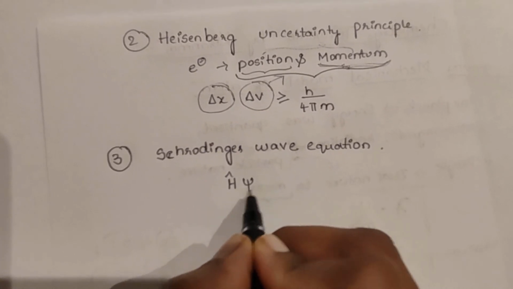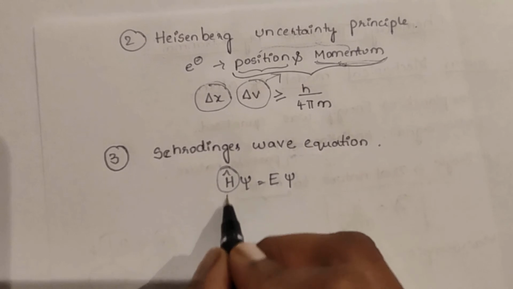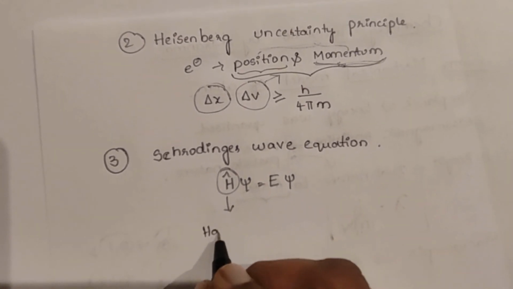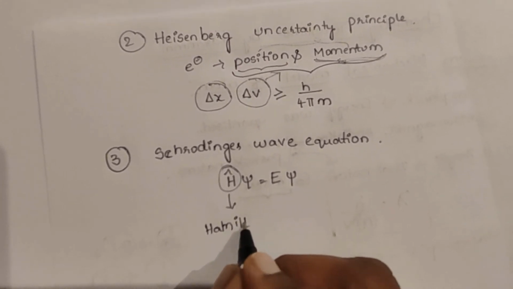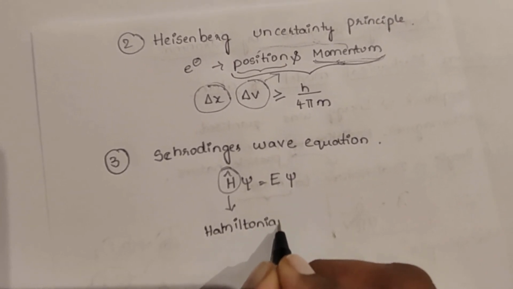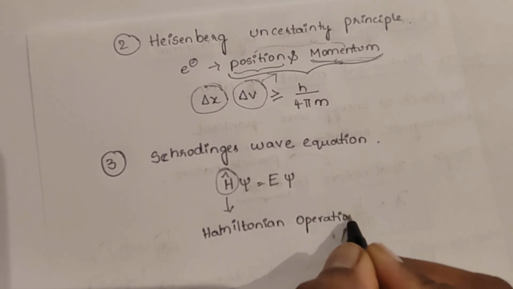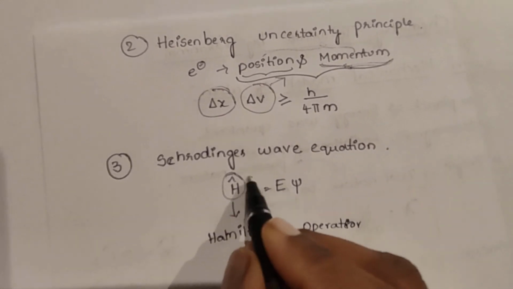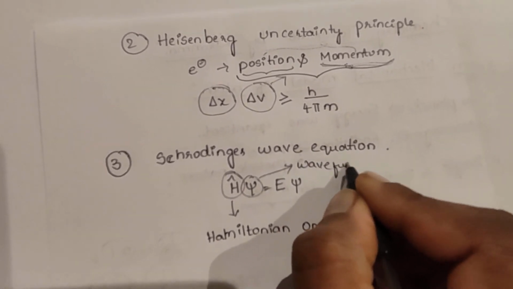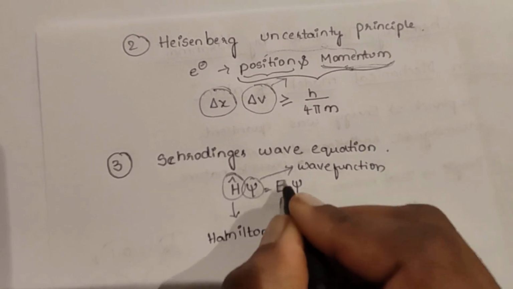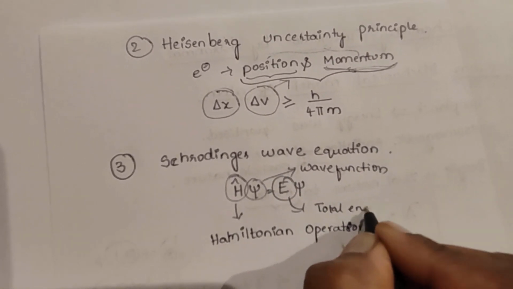According to the Schrödinger wave equation, H cap psi is equal to E psi. H cap is a Hamiltonian operator. It is a mathematical operator. Psi is the wave function. E is the total energy.